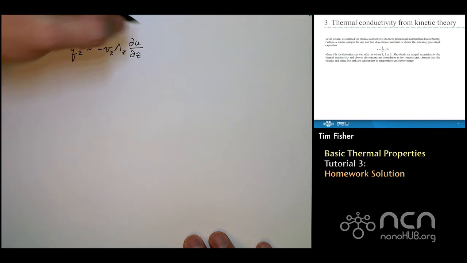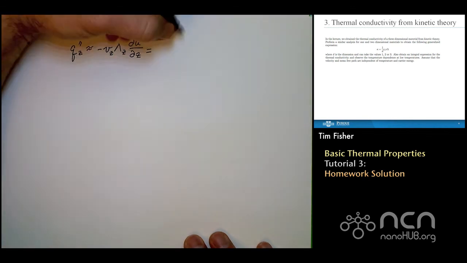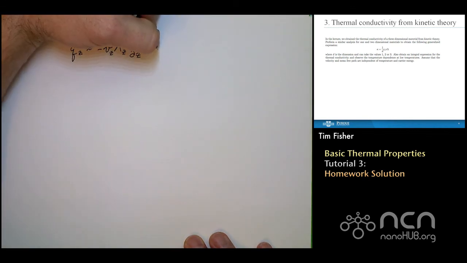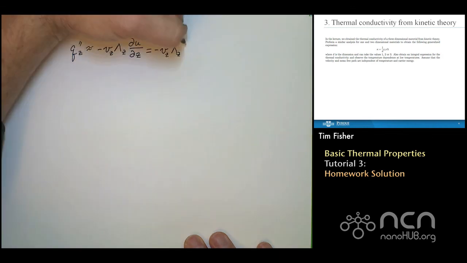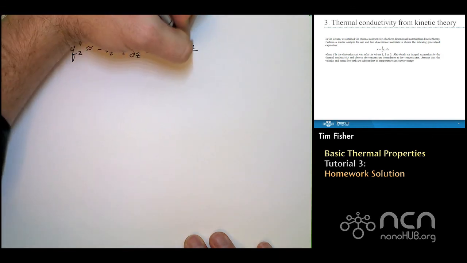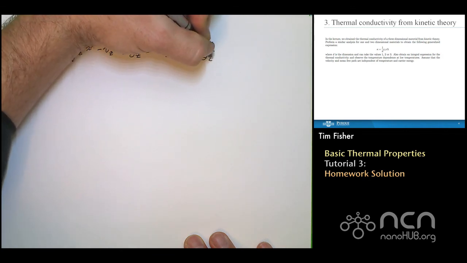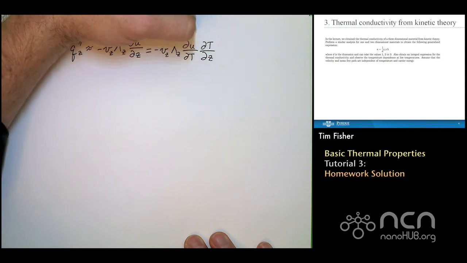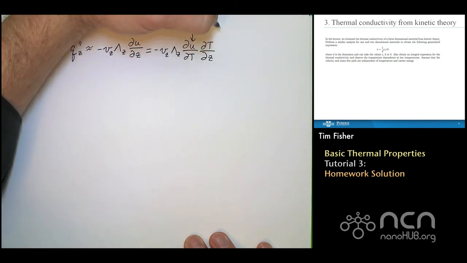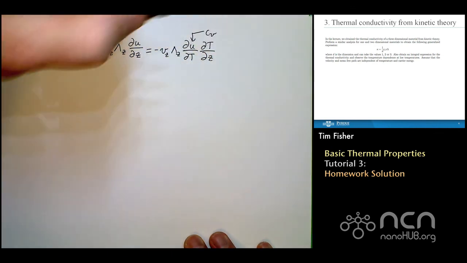We can do a little bit of manipulation of that, do some chain rule on the energy term, and the first two terms are the same. For the chain rule on internal energy, we use temperature as the variable, and of course this term is our specific heat.